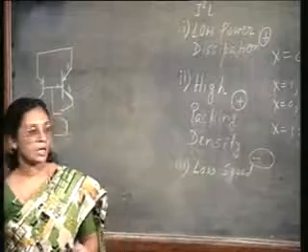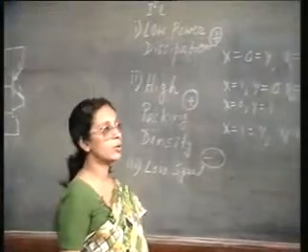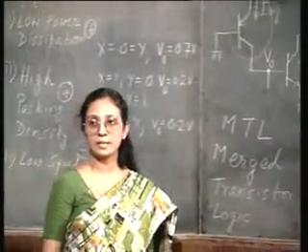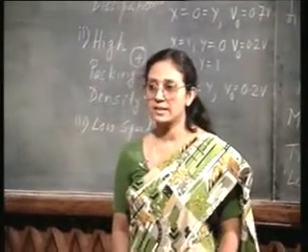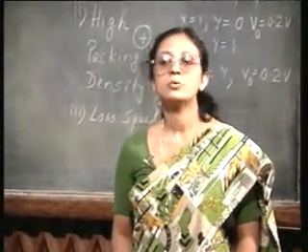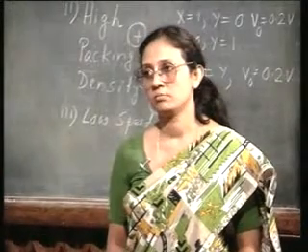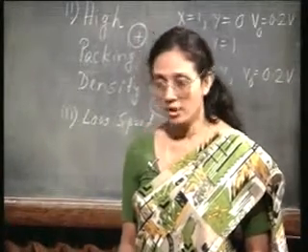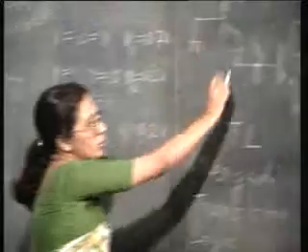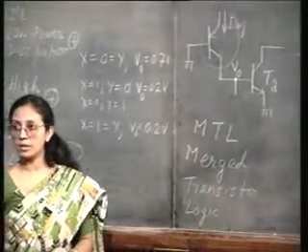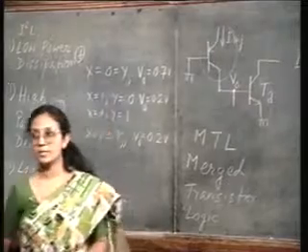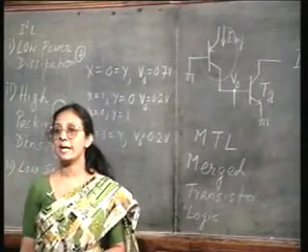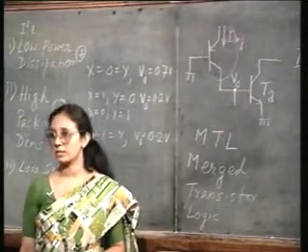Okay. Now, from the technological point of view, I square L circuits have another advantage, that is, in these circuits basically you do not need any isolation. Why? Because remember, all the blocks, whatever I drew here, they had grounded base for PNP transistor and grounded emitter for NPN transistors.